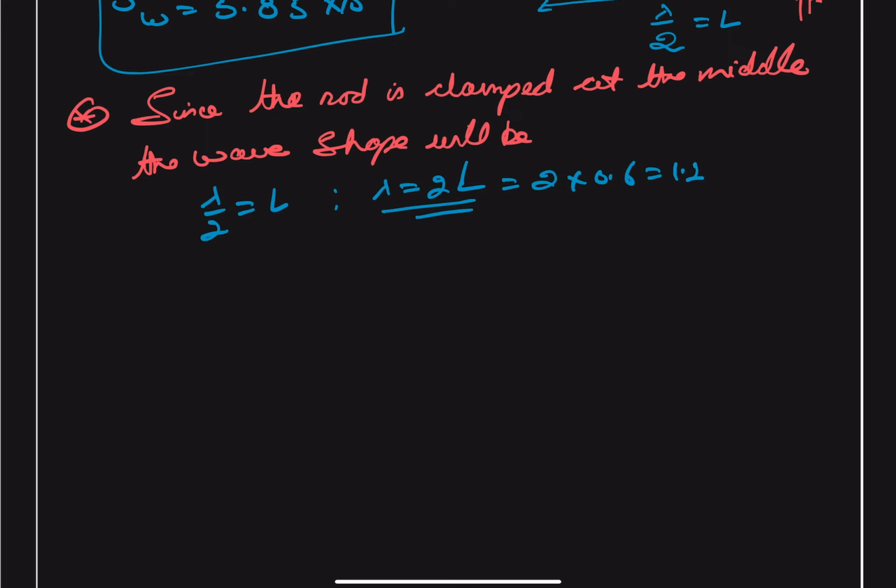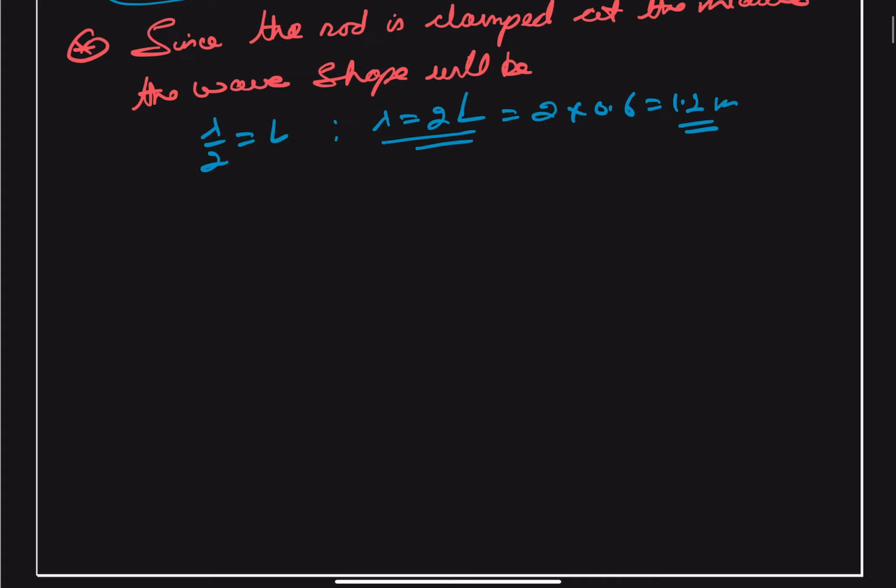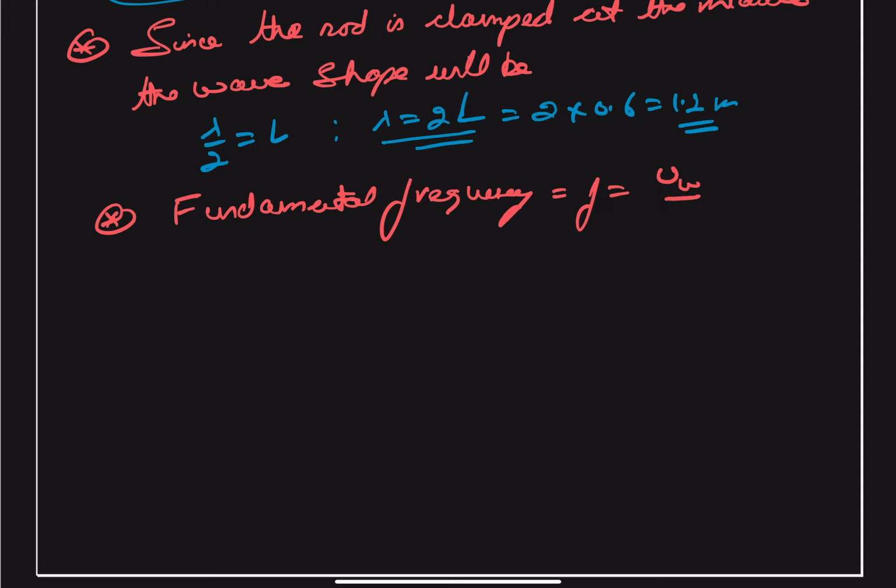So the fundamental frequency, that is F, will be equal to our wave velocity divided by 2L, and that is our wave velocity divided by lambda.